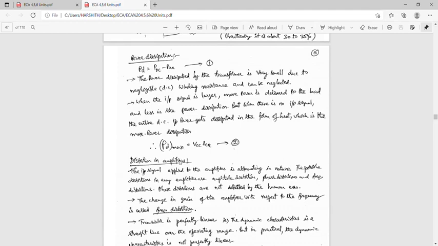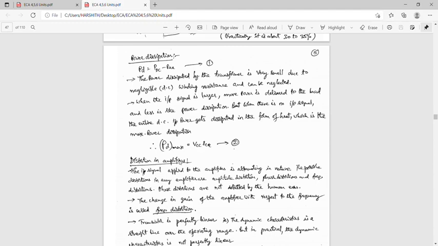And the next one, power dissipation. The power dissipation by the transistor is the difference between the AC power output and DC power input.